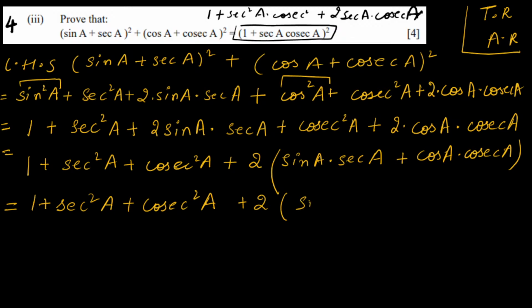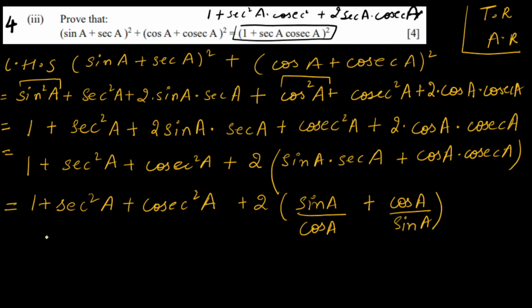Sine A into secant, which is 1 by cos, so we can write it as sine A by cos A plus cos A into cosecant, which is 1 by sine A, so this will become cos A by sine A. So this is what we are getting.